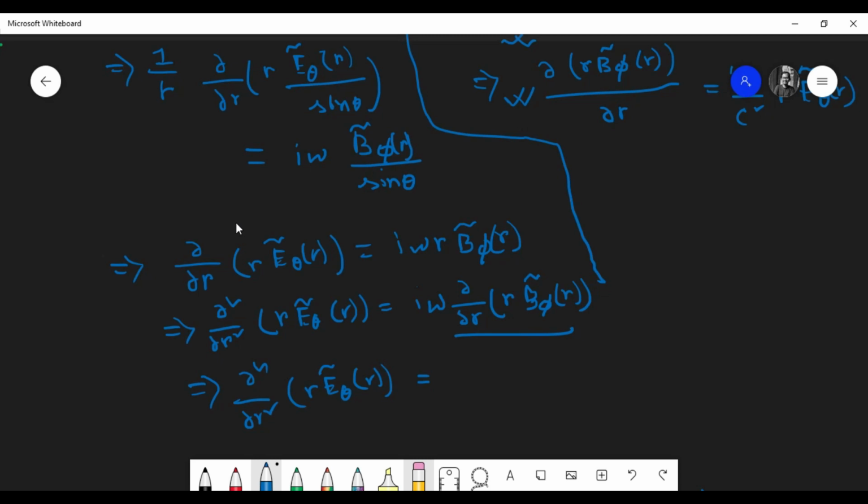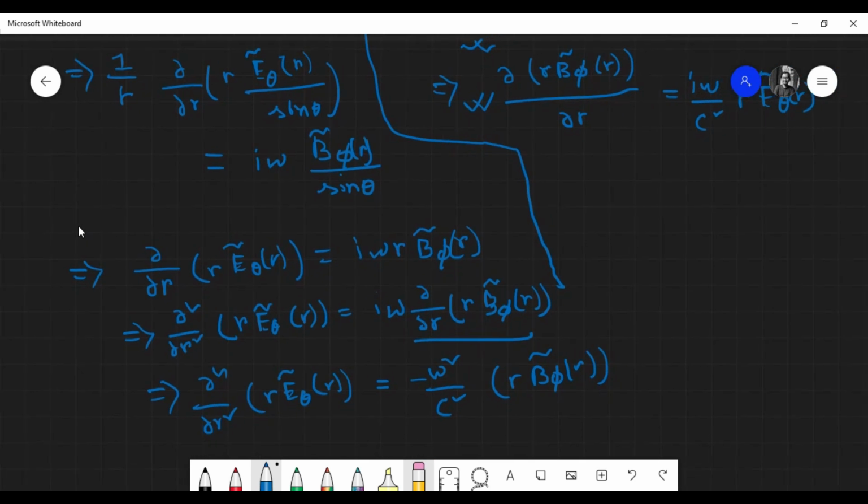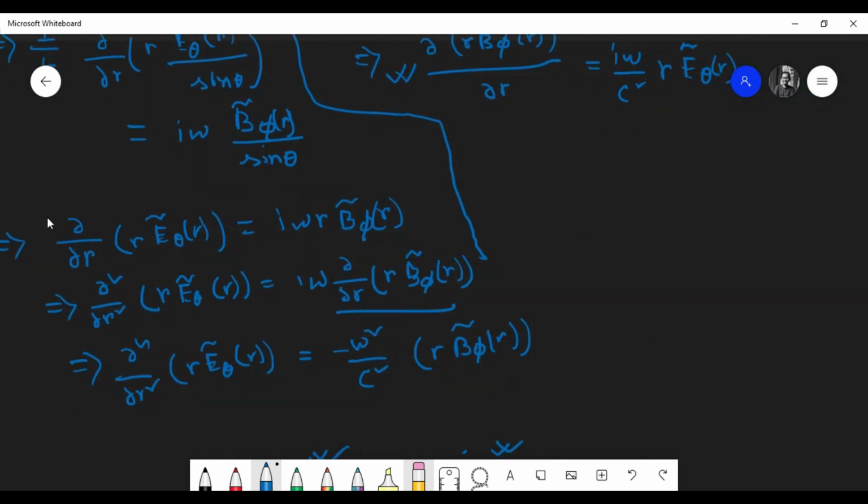So you will see it will be just omega over c squared over r B phi over r. Now this equation resembles the simple harmonic motion differential equation, which has a very simple solution.